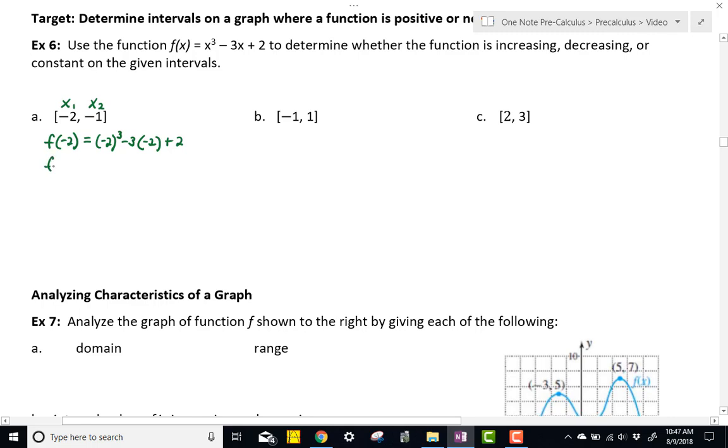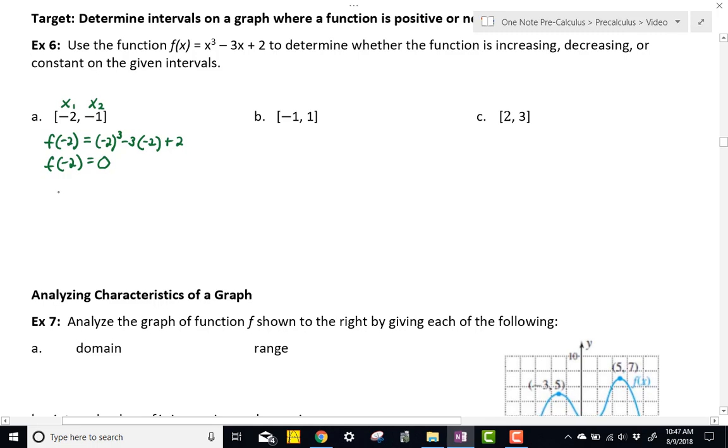So f of -2 is going to equal -8 plus 6 plus 2, so that's actually going to be 0. So f of -2 is equal to 0.